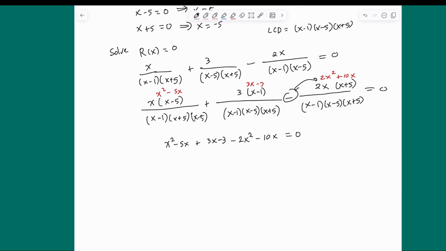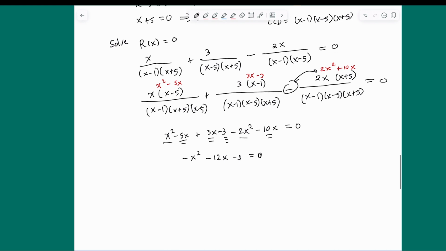Now let's combine our like terms. So we have x squared minus 2x squared, and so that's going to give us negative x squared. We have a negative 5x and a 3x and a negative 10x, so that's going to give us negative 12x. And then we have a sole constant there of negative 3, so minus 3 equals 0.